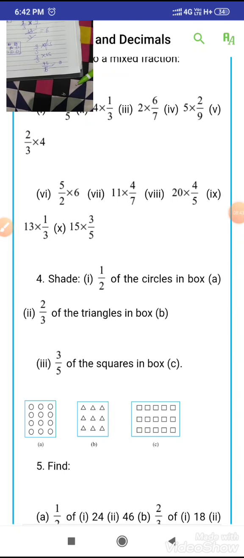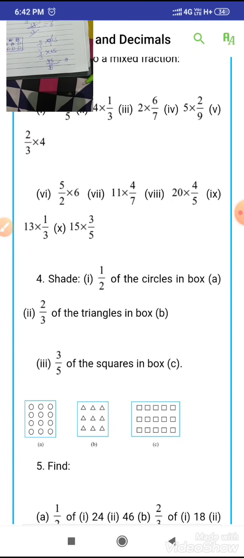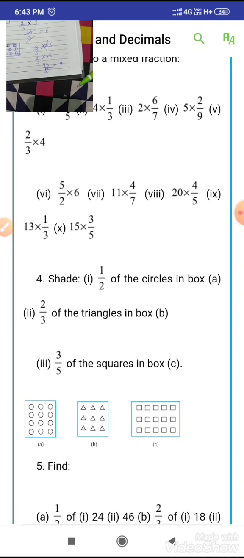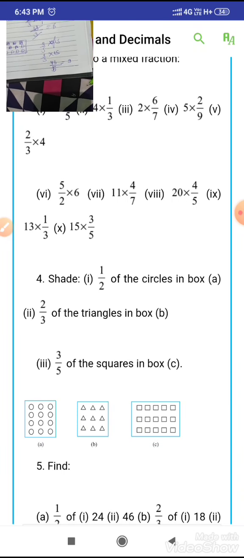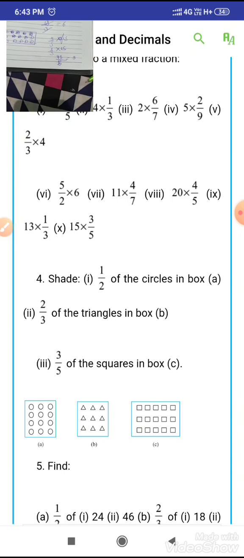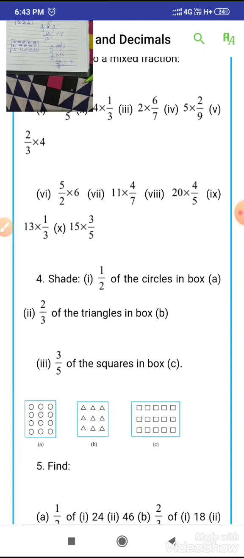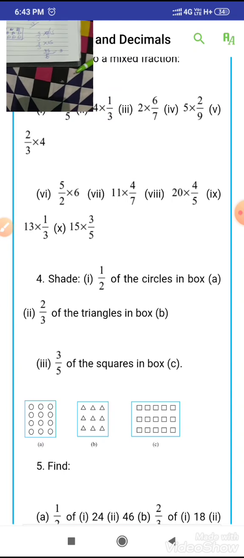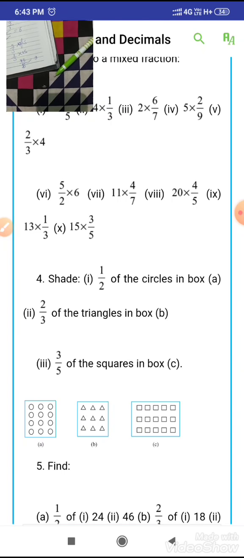So 3/5 of 15, and of means multiply. So 3/5 multiplied by 15. After multiplying 3 by 15, we have 45 in the numerator, and after multiplying 5 by 1, we have 5 in the denominator. After dividing 45 by 5, we have 9. So we shade only 9 squares in the box C.